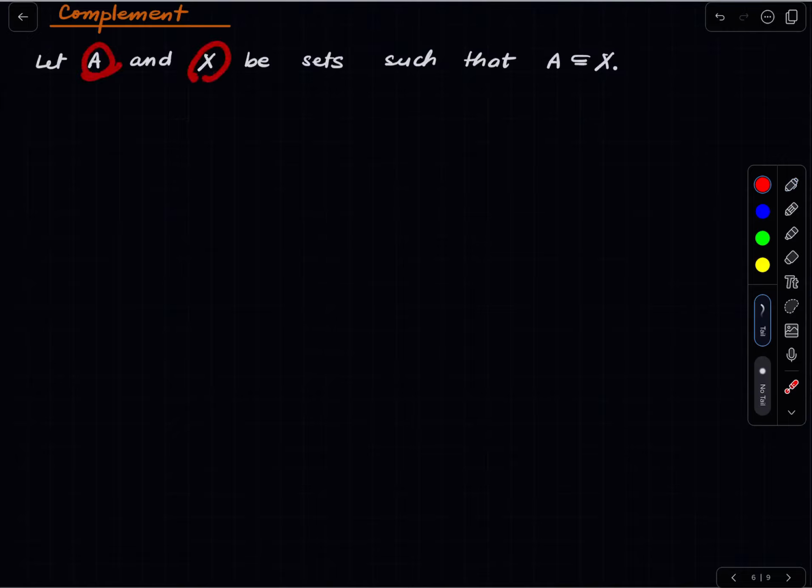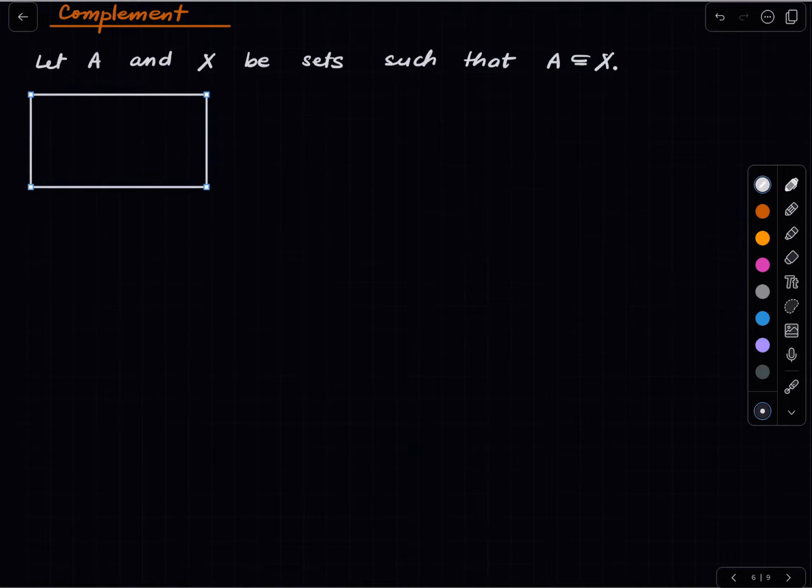So A and X be sets such that A is a subset of X. Let me indicate that with a diagram also simultaneously. This is X, and A is a subset of X. This is A. Maybe I'll write it inside. All right.